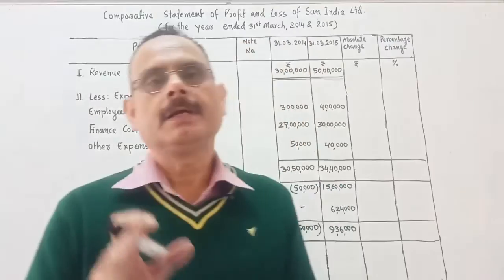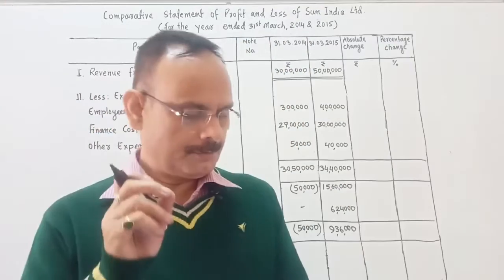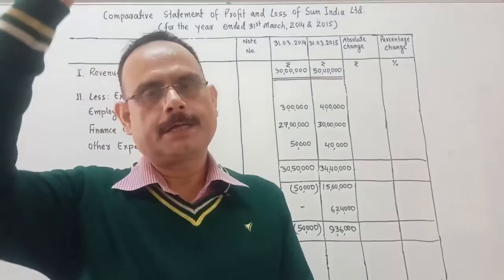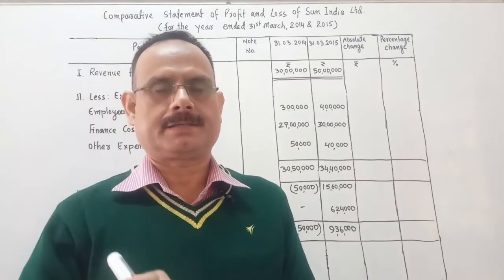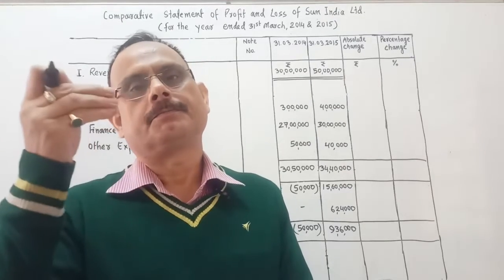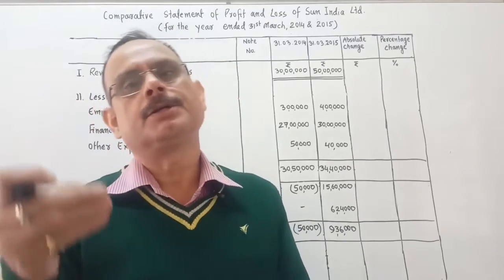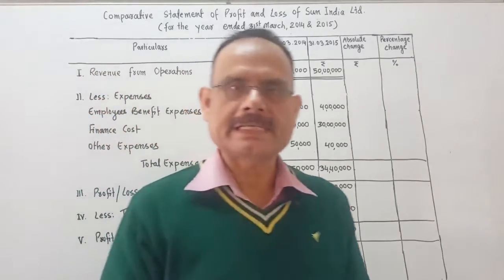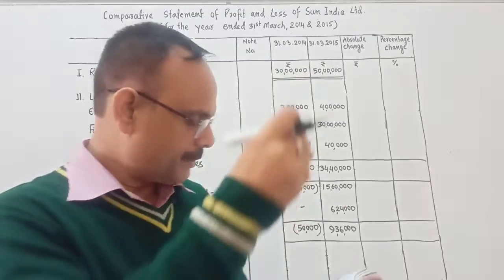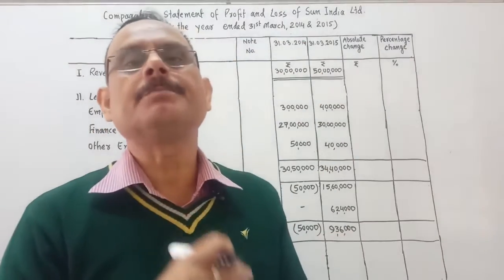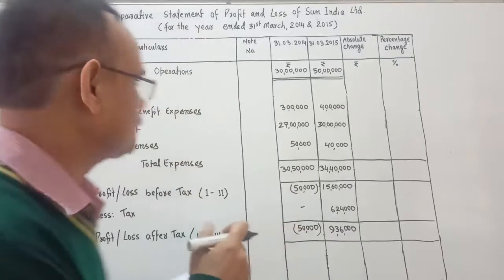So first of all, in the comparative statement, we will write the particulars in sequence as per the prescribed format under Schedule 3 Part 2 of the Companies Act 2013. Accordingly we will write the details in particulars.